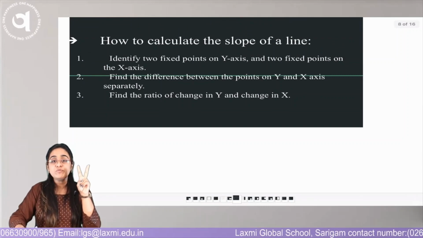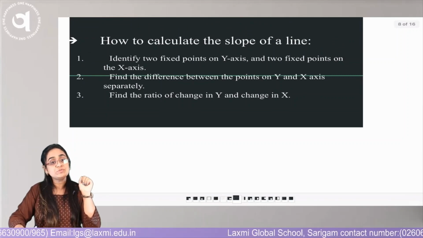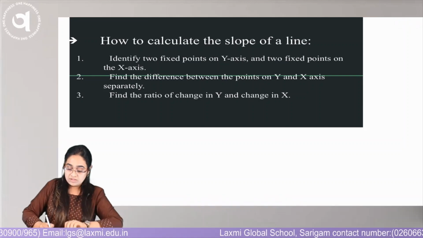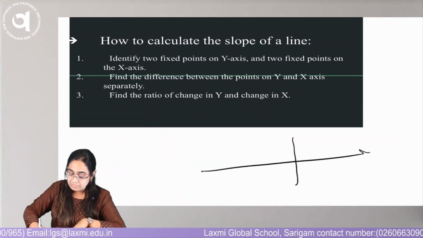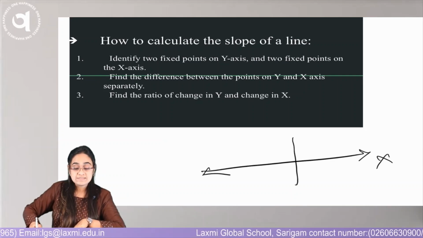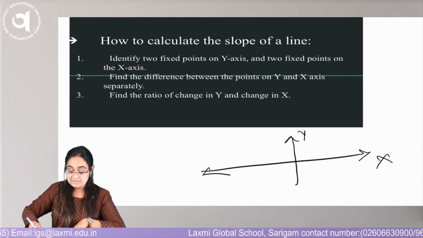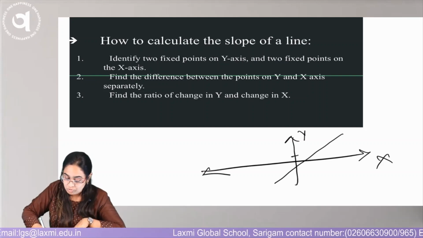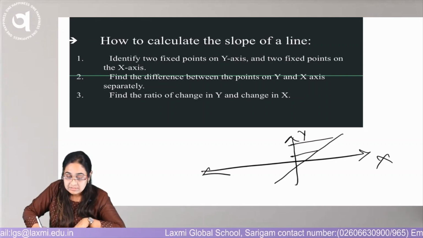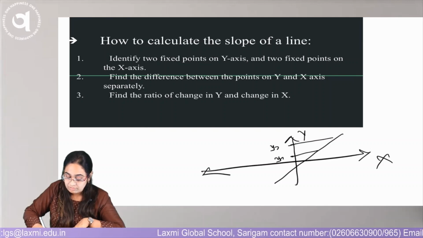How do you calculate the slope of a line? First of all you need to understand the meaning of this graph. You have your x axis horizontal, y axis, and any given line under consideration. You need to fix 2 points on the y axis, call them y1, y2.